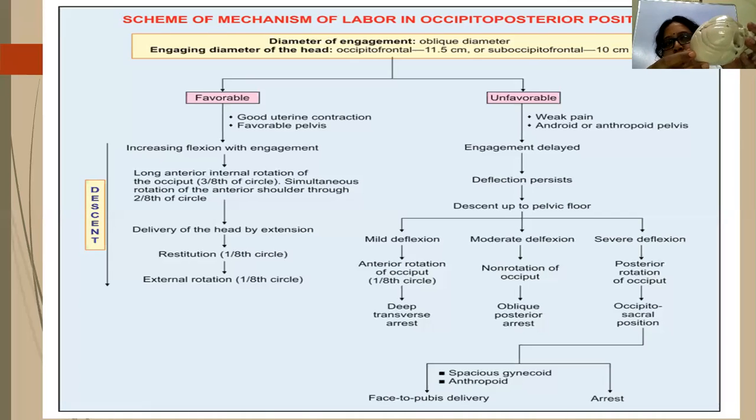Occipitofrontal is, this is the occiput, so this is the frontal. This part is the occipitofrontal diameter, 11.5 centimeters. Or from below the occiput, this prominent bone, this is suboccipitofrontal, which is 10 centimeters.